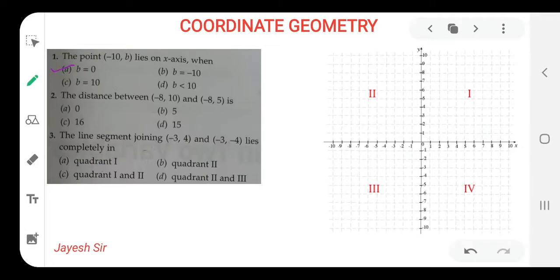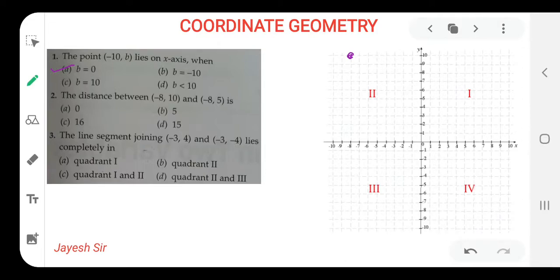The distance between (-8, 10) and (-8, 5). We can find these points over here. The first thing to keep in mind is that both lie in quadrant number 2.